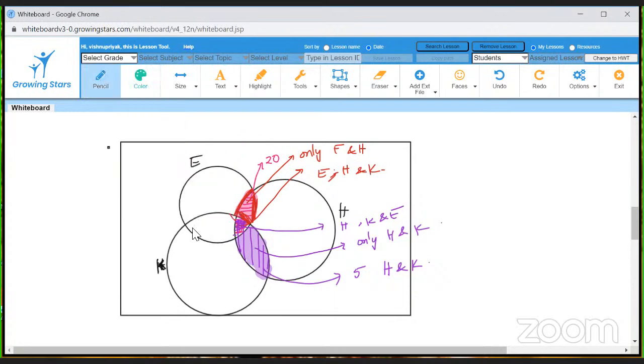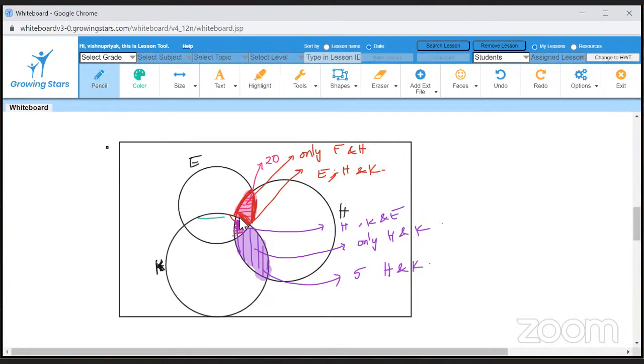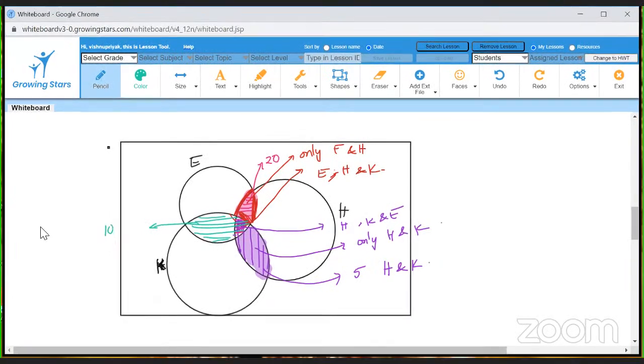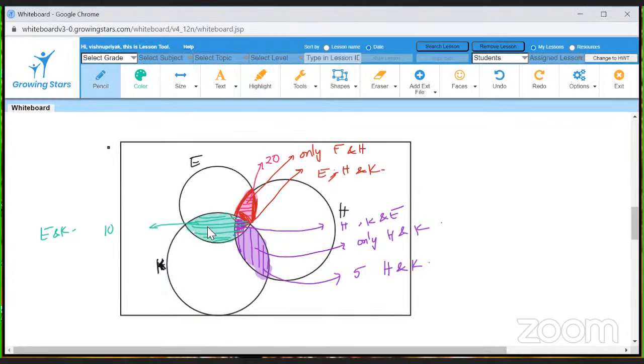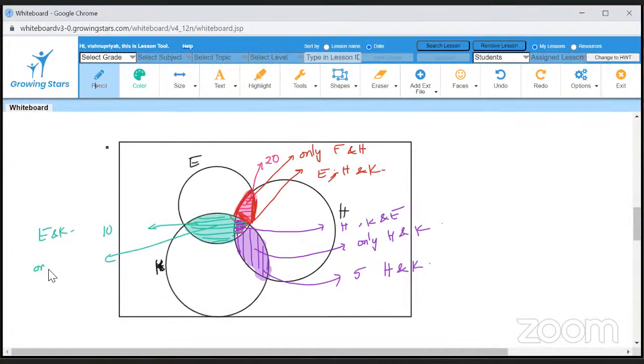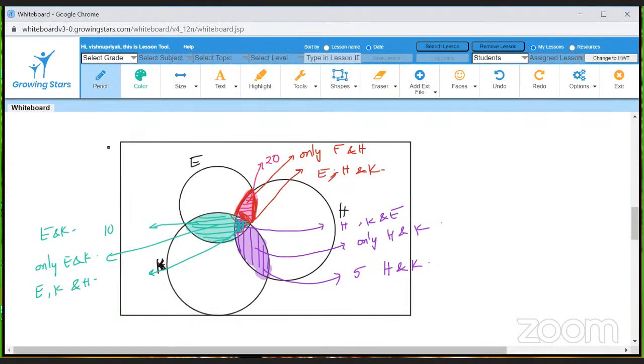Okay, now when you come to the third circle, here in this region, you will have total 10 people who speak English and Kannada. But if you take this above region, these people speak only English and Kannada, because in this triangle region, they speak English, Kannada, and Hindi also.